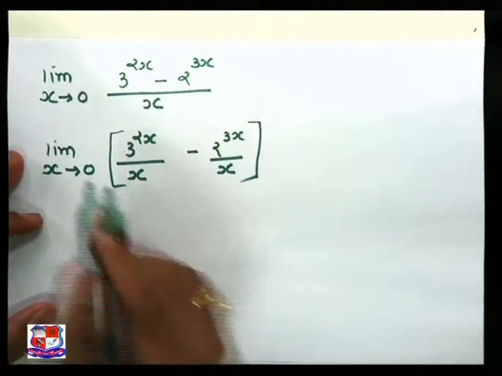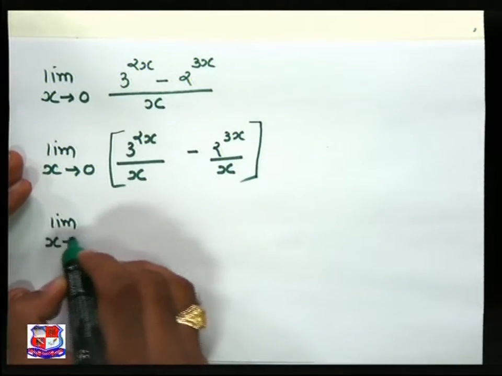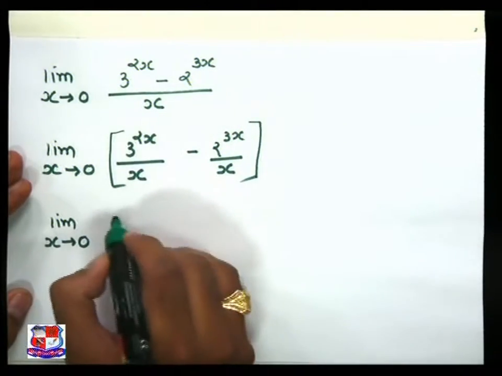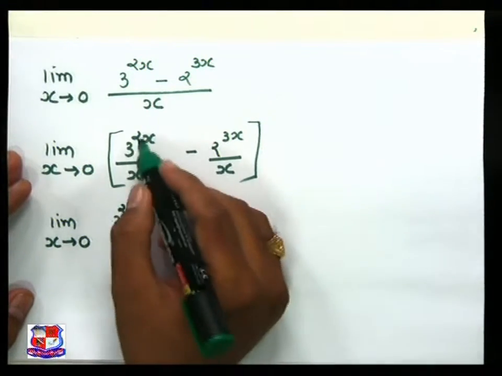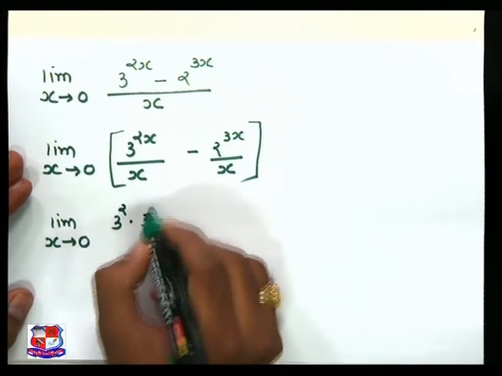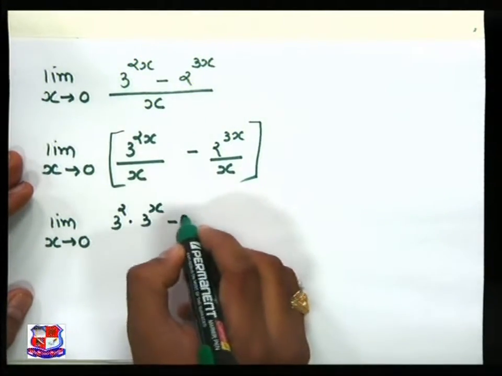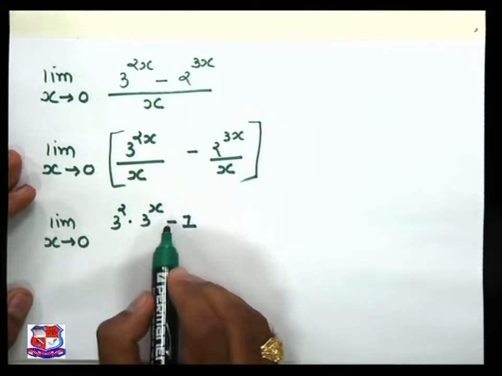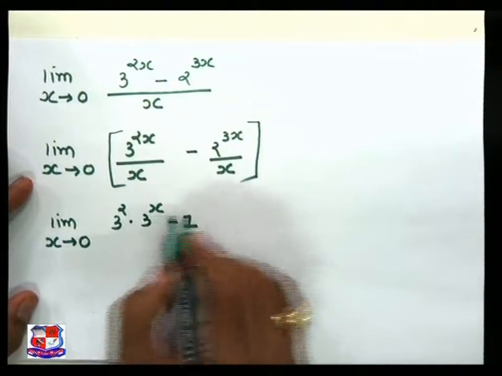So our next step: limit x tends to 0, 3 raised to 2x, we can simplify further as 3 raised to 2 into 3 raised to x. If we write minus 1 here, then we must add another plus 1 to compensate.